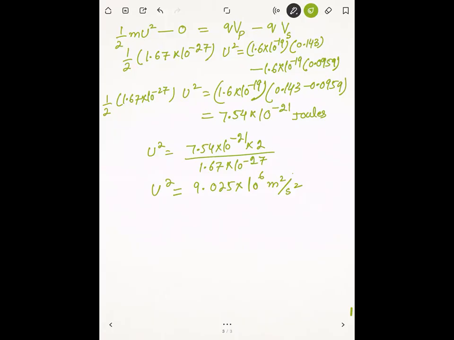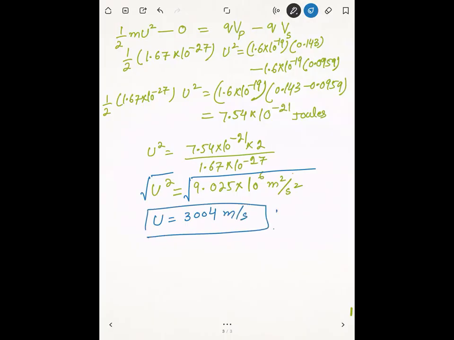So if we take under root on the two sides, since we are calculating the speed, no need to put a plus minus. So under root of answer will be 3004 basically meter per second. So this is the answer for speed that we are getting.